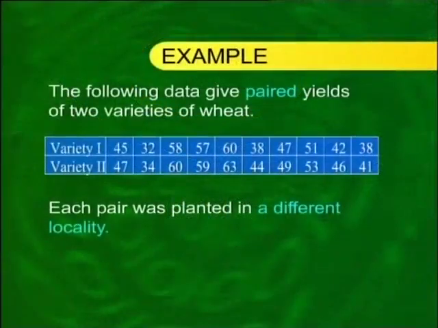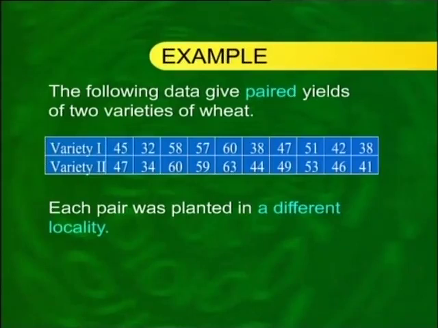Let us consider one more example on paired observations. As you now see on the slide, the following data give paired yields of two varieties of wheat. Each pair was planted in a different locality.